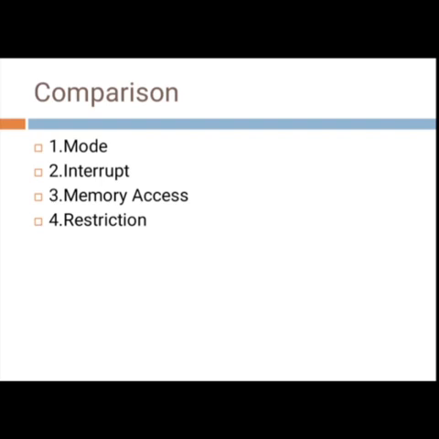First, with respect to mode, user mode is referred to as a slave mode or a restricted mode. Restricted simply means an application running in this mode has many restrictions on it.